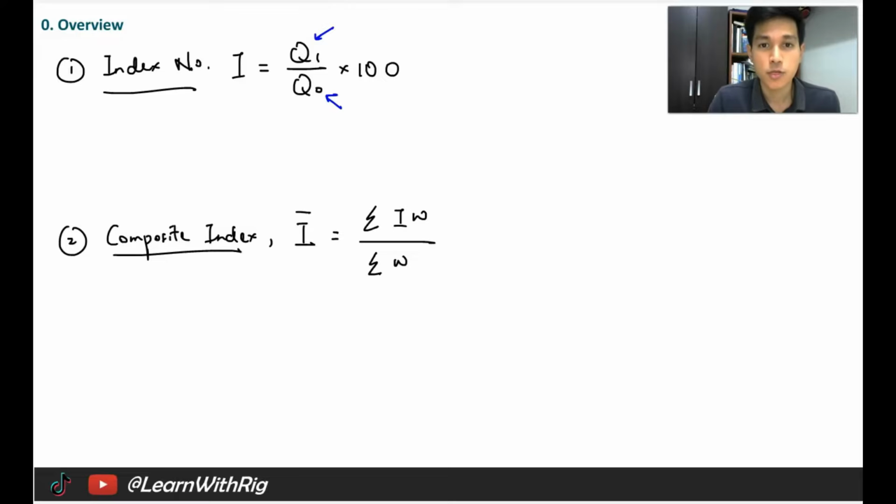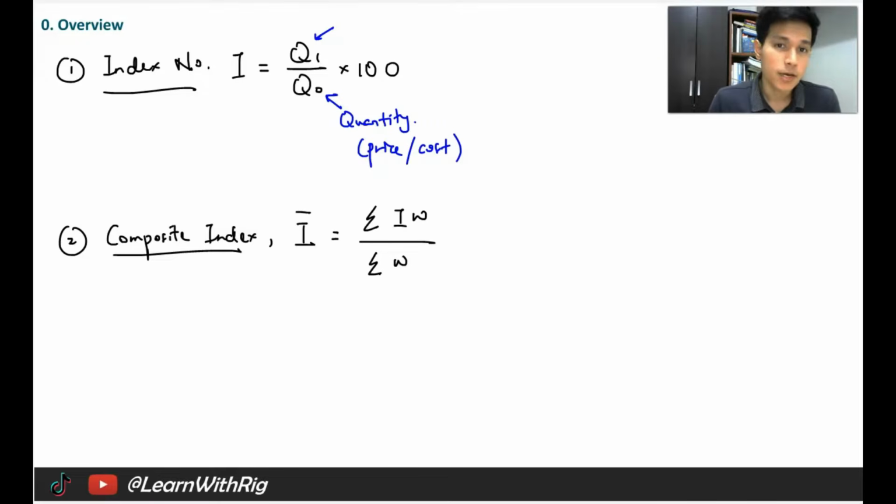So Q here represents quantity. So we are actually comparing two different quantities. One is Q1, one is Q0. So like I said, the quantity can be in terms of price, can be in terms of cost, and so on. Can be a lot of things.